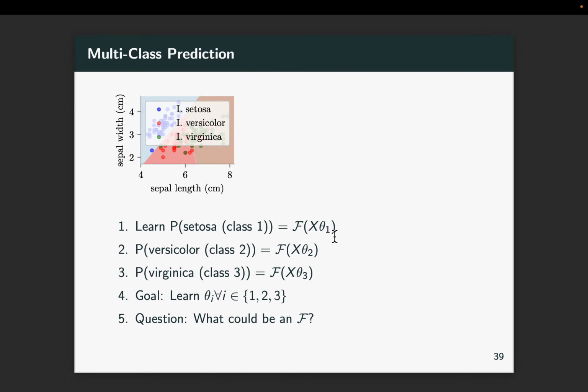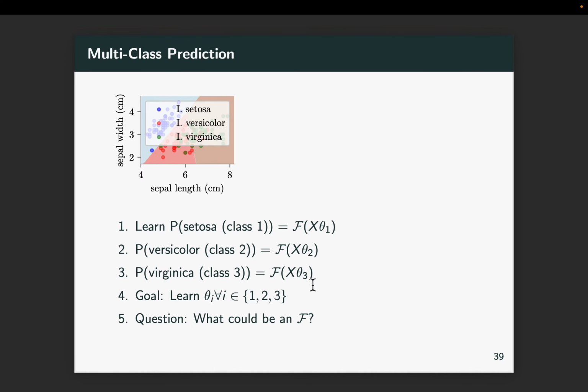So for now, let's say we'll have some function through which we pass the logits: x theta 1 corresponding to class 1, x theta 2 corresponding to class 2, and x theta 3 corresponding to class 3. Our aim now is to learn these vectors theta 1, theta 2, theta 3.